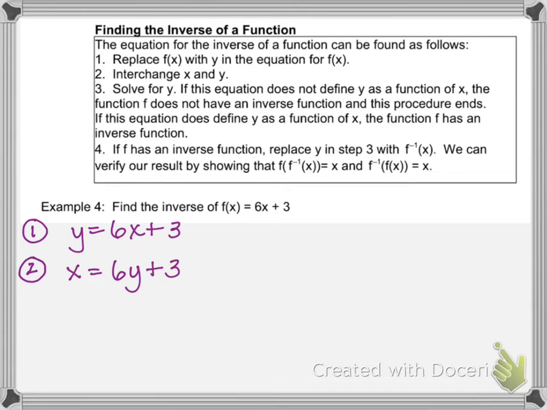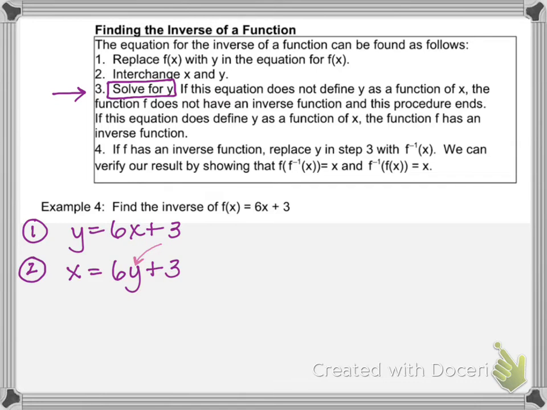Step number 3. We are going to need to solve for y. We want to isolate y in our equation. Right now, the y that we want to isolate is this right here. It needs to be all by itself on one side.